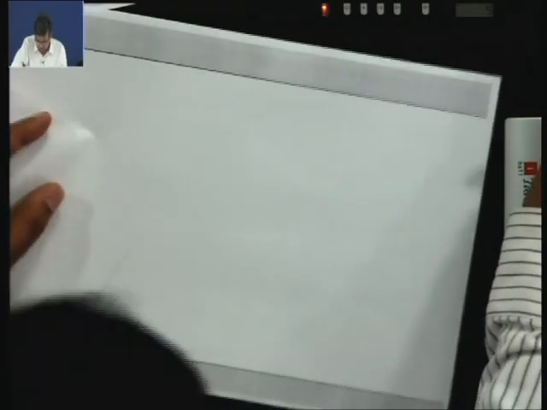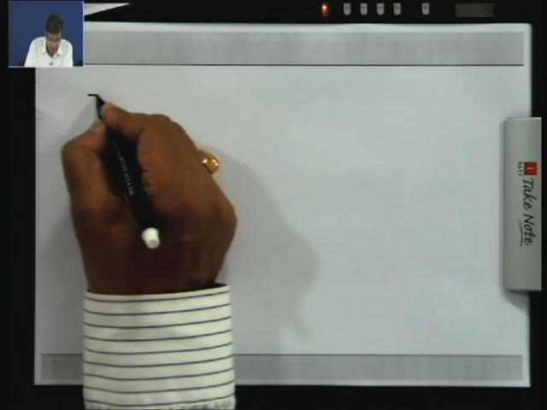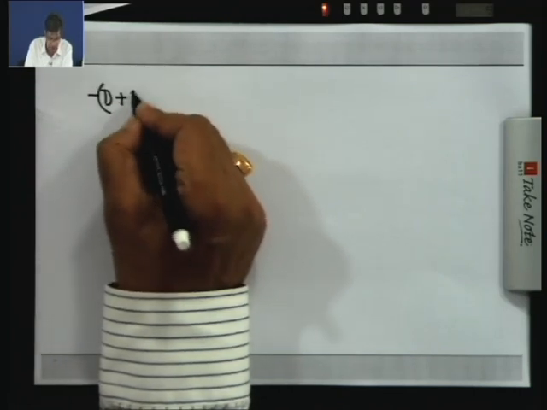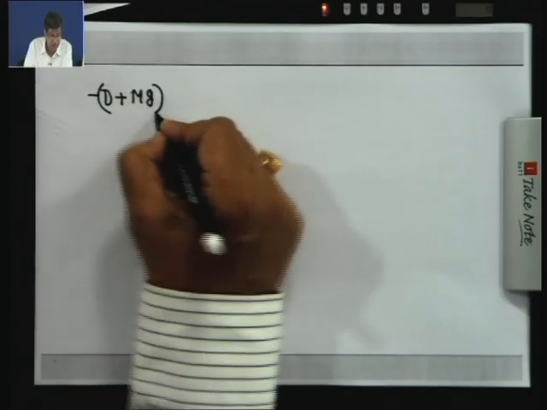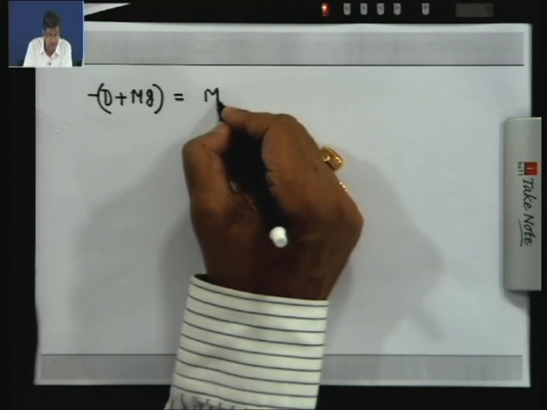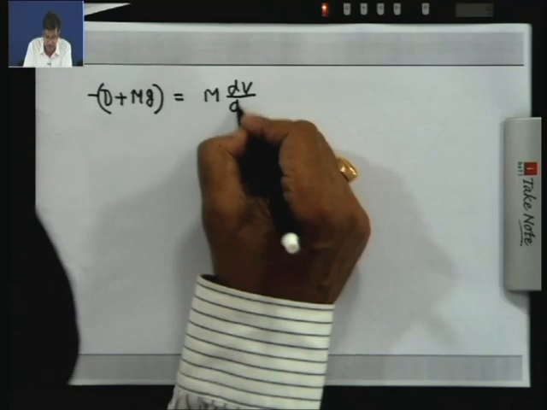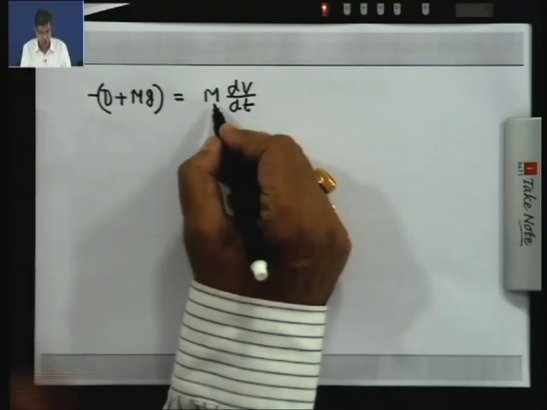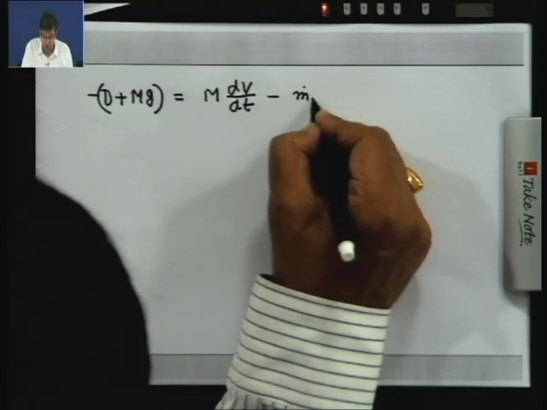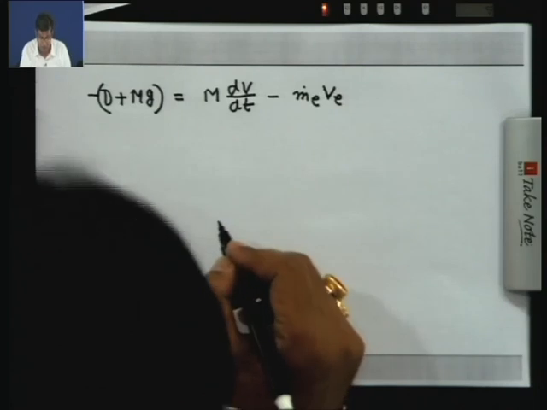A scalar differential equation like this is very simple. From the earlier equation, minus D plus mg within bracket is equal to, what is that? m, now I am just replacing m_cv by m and V_cv by V, that means the mass of the rocket and velocity of the rocket, minus m dot e V. m dot e and V are defined in the problem.